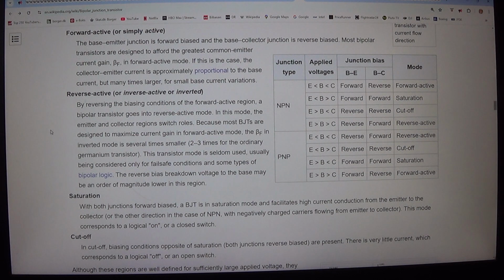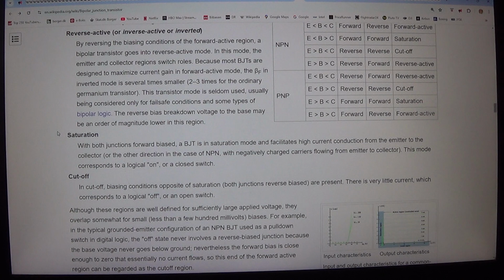Because most BJTs are designed to maximize current gain in forward active mode, the beta F in inverted mode is several times smaller, 2-3 times for the ordinary germanium transistor. This transistor mode is seldom used, usually being considered only for fail-safe conditions and some types of bipolar logic. The reverse bias breakdown voltage to the base may be an order of magnitude lower in this region.